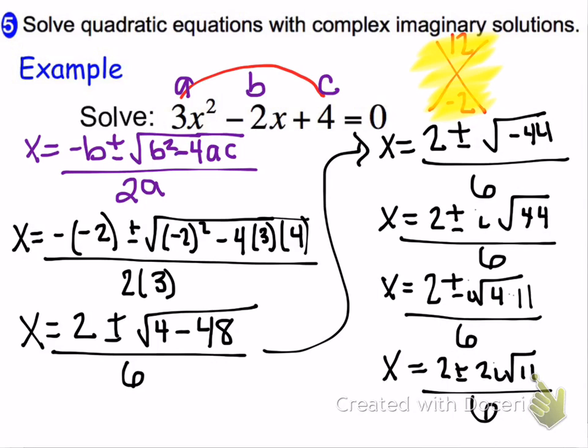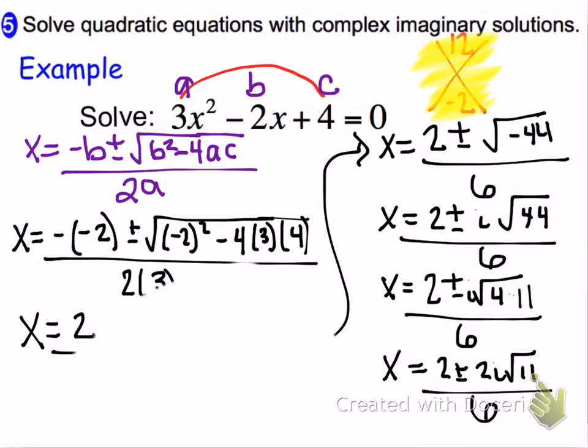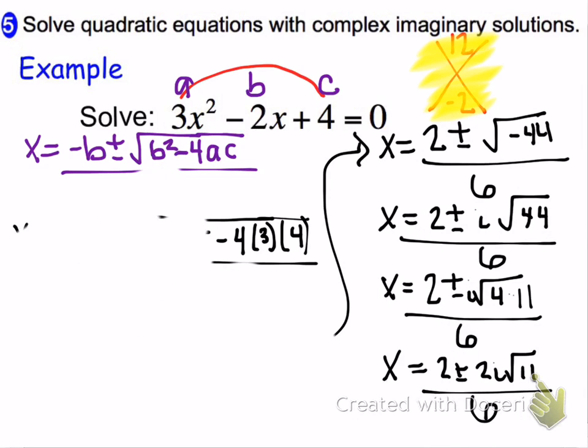Now we can take this one step further. So hopefully you've been following along, because I am going to have to do some erasing. Notice that in my numerator, I have 2 plus or minus 2i times the square root of 11 divided by 6.